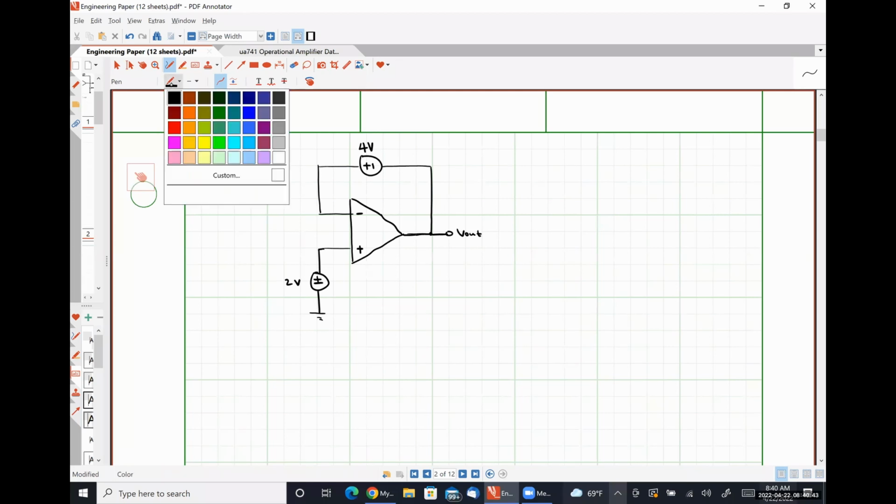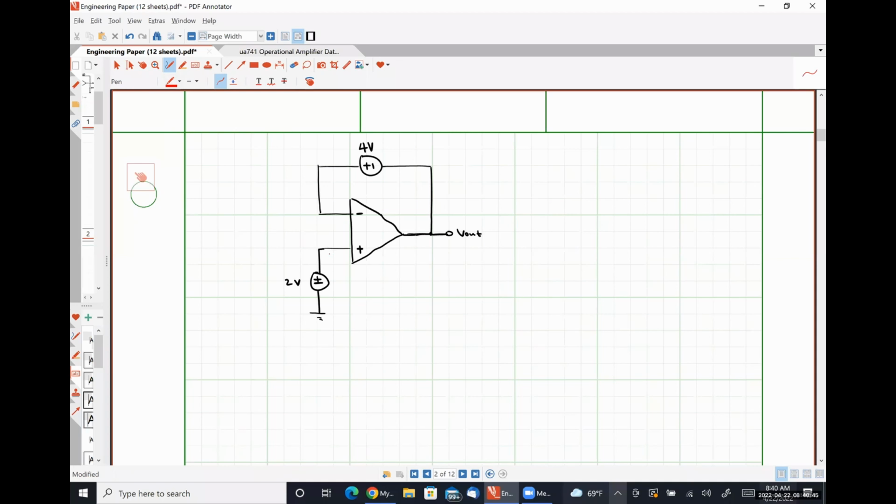So if we apply op-amp rule number 1, we know that these two currents are 0 amps. And our voltage V plus must be 2 volts.